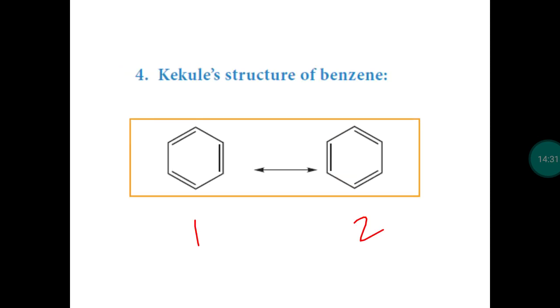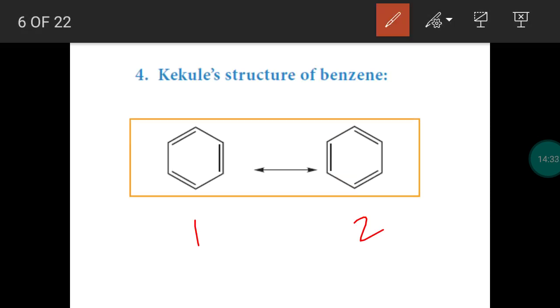Take Kekulé's structure of benzene. The benzene has single bonds as well as double bonds. A carbon-carbon single bond is present, and between other carbon atoms, a double bond is also present. The carbon-carbon single bond length is 1.54 angstrom.